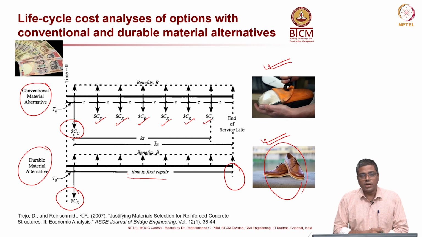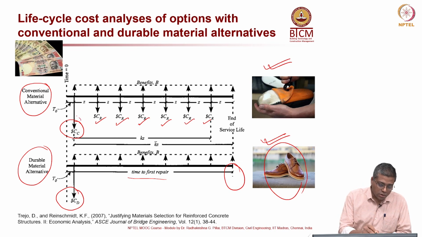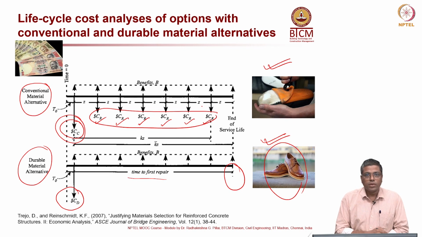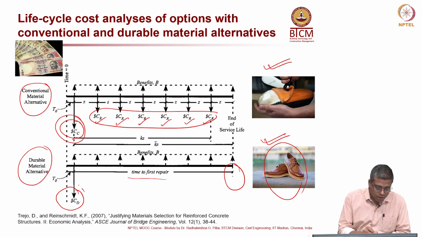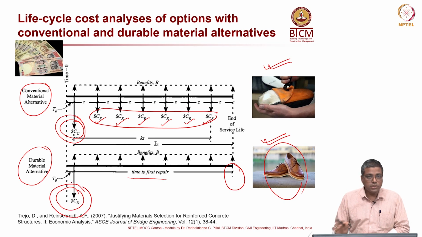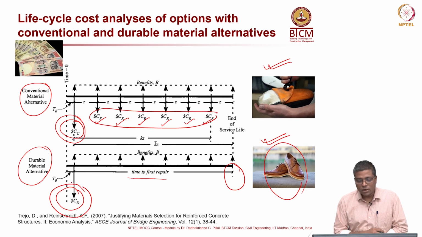And this will definitely reduce the life cycle cost, because in the first case, the life cycle cost is the cost of construction plus all these repair costs. That is what life cycle cost is. In the second case, the life cycle cost is only this, that is it. There is no repair for the desired service life.